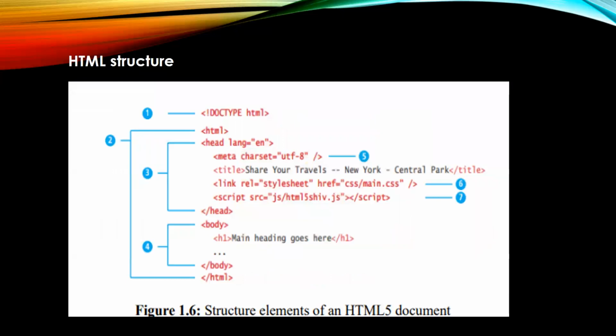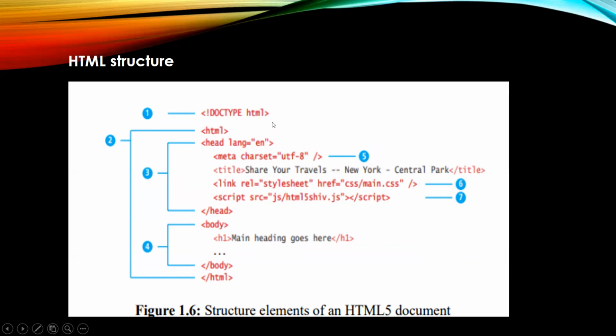Let us see the structure of HTML. You can see in the picture the structure of HTML. The first item in the figure is the doctype, that is document type definition, DTD, which tells the browser what type of document it is to process.